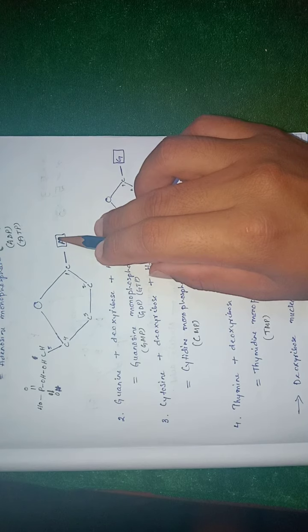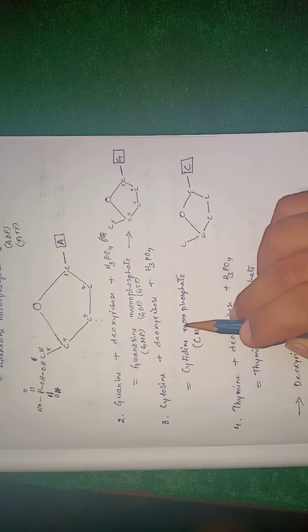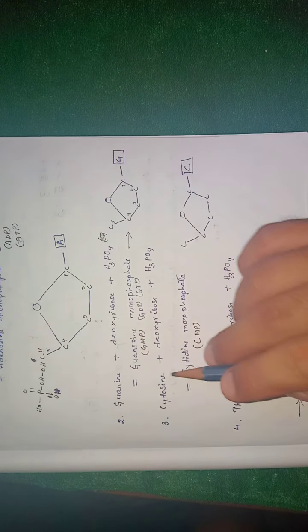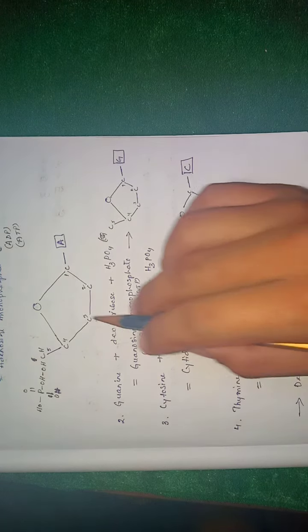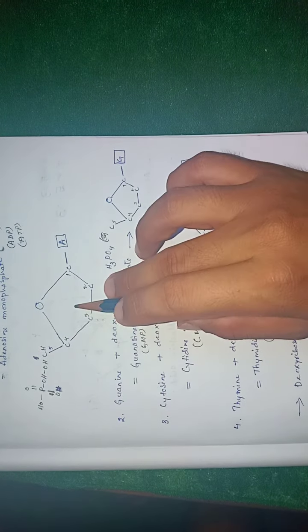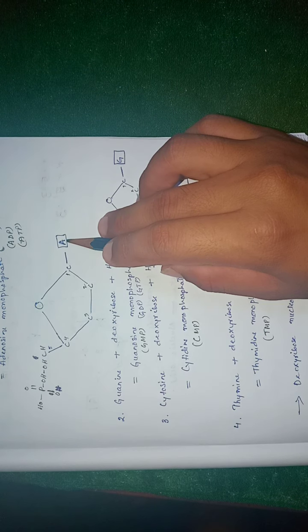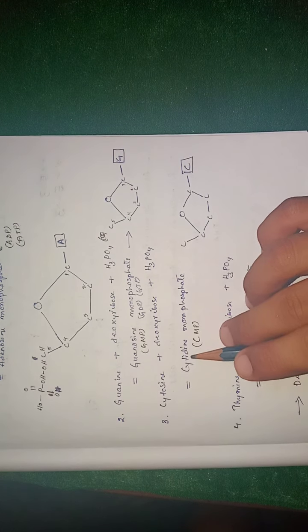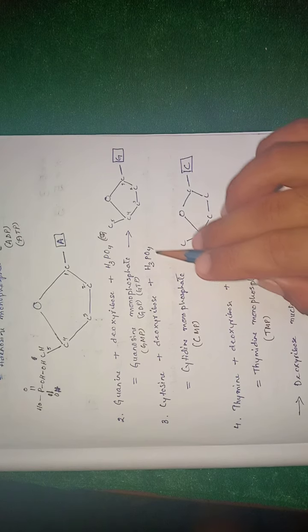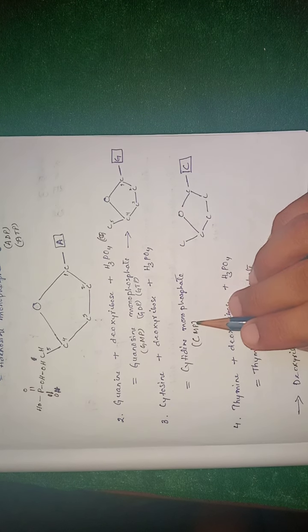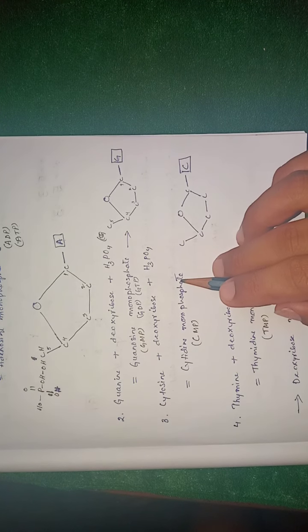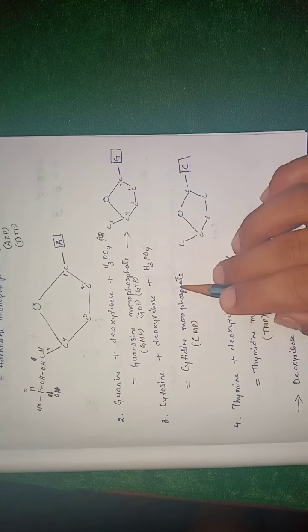So cytosine will be here C. The addition of this phosphate with pentose sugar and cytosine nitrogenous base will give rise to cytidine monophosphate. That means one phosphate. If there are two, it will be cytidine diphosphate. If three, it will be cytidine triphosphate.